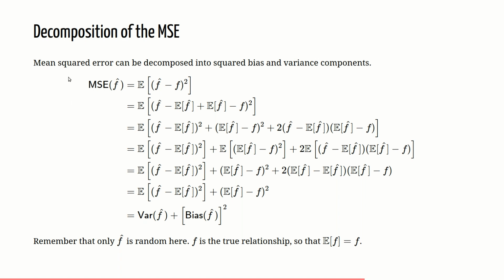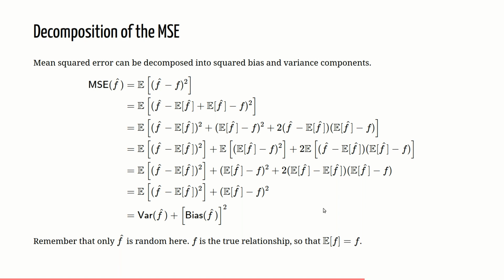So mean square error is a measure of predicted performance, and that depends on both the variance of the predictor, of the thing that we're trying to fit, and its bias. And so because of that, by deliberately misspecifying the model such that the bias goes up a little bit, if you do that in a way that reduces the variance, and if the reduction in the variance is more than the worsening of the bias squared, then the mean square error will go down.